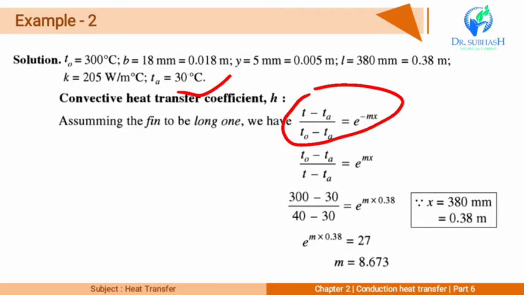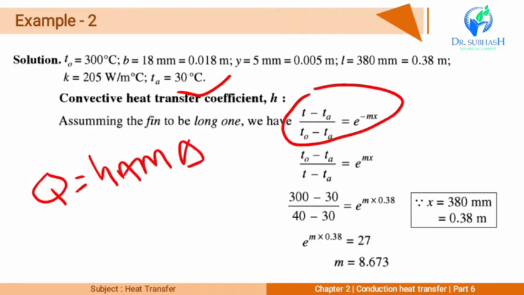By using that equation, we already derived one equation, Q is equal to h A m delta T. In this equation, if we remove the minus sign, the term changes to (T0 minus Ta) divided by (T minus Ta) is equal to e raised to mx.